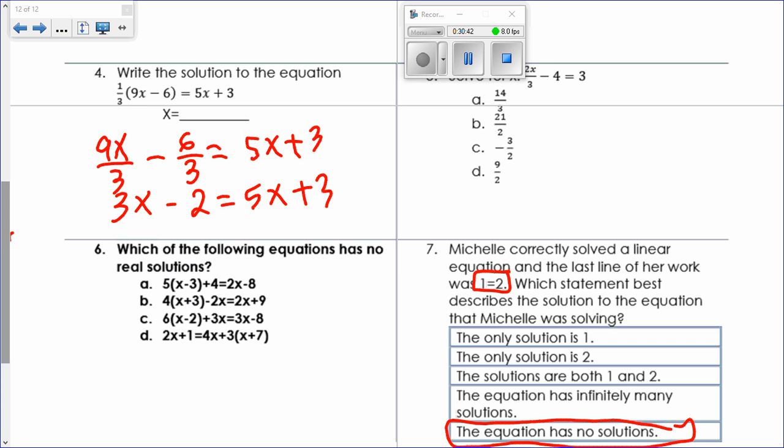Cody, can you please pass all the packets back, please? Anybody have their packet they want to turn in? I'm going to be taking up notebooks, binders next week as well.